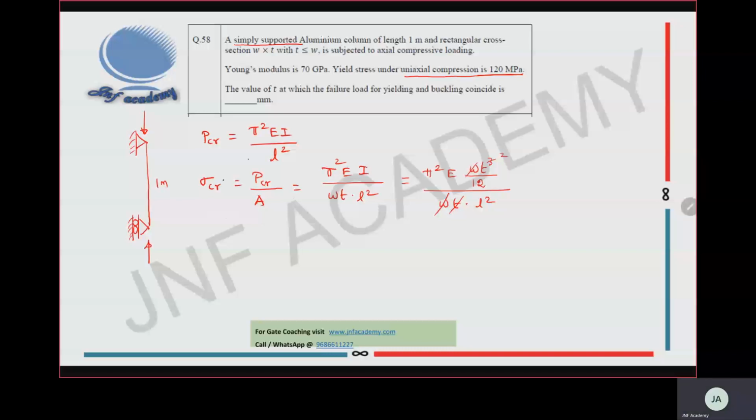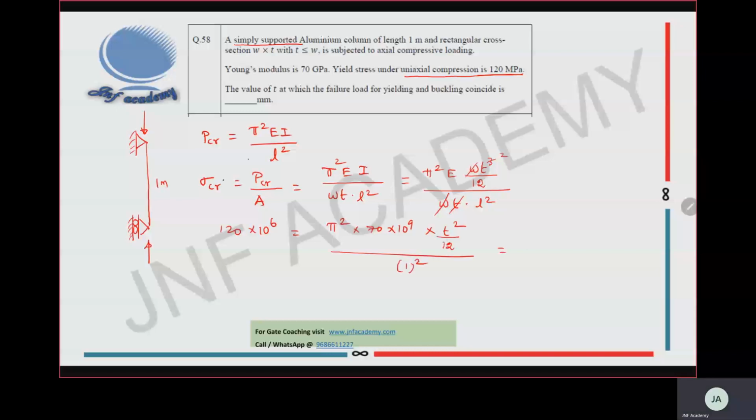Here I'm going to take all the dimensions in meter. So 120 megapascal, right? So 120 into 10 power 6 is equal to pi square into 70 into 10 power 9 into t square divided by 12 divided by length, which is 1 only.